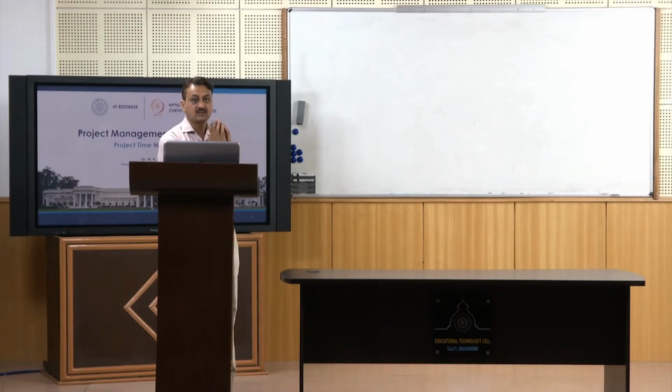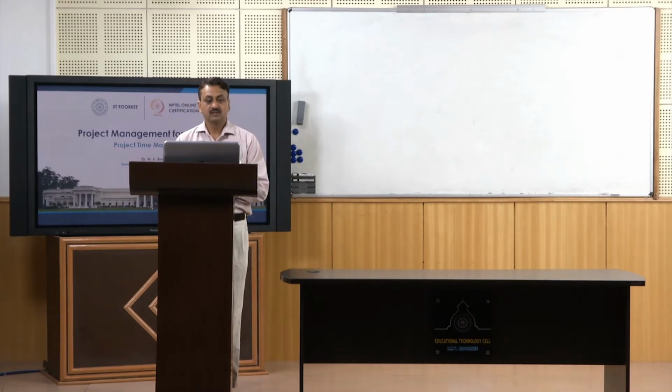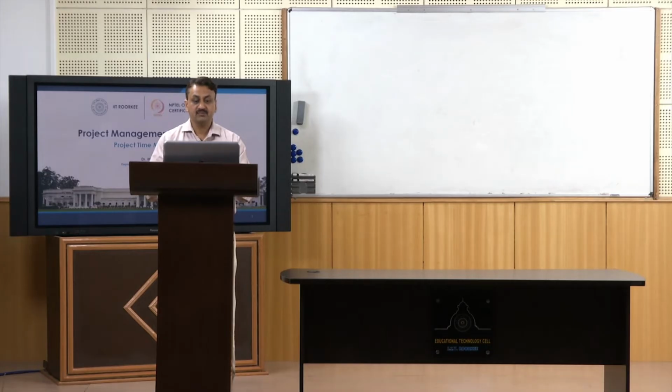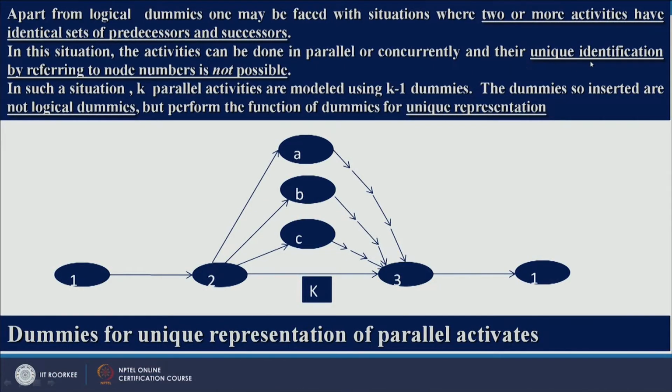What to do in a situation like that? The activities can be done in parallel or concurrently, and their unique identification by referring to node numbers is not possible.